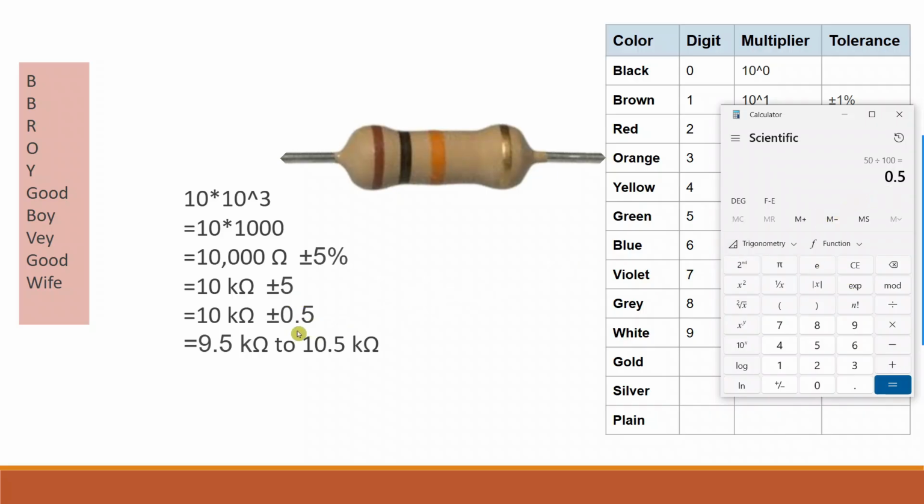So we can subtract 0.5 from 10 kilo ohm. After subtraction it will become 9.5. Also we can add 0.5 to 10 kilo ohm. After adding it will be 10.5 kilo ohm. So now we can use any value between 9.5 kilo ohm to 10.5 kilo ohm if you don't get the exact 10 kilo ohm resistor.